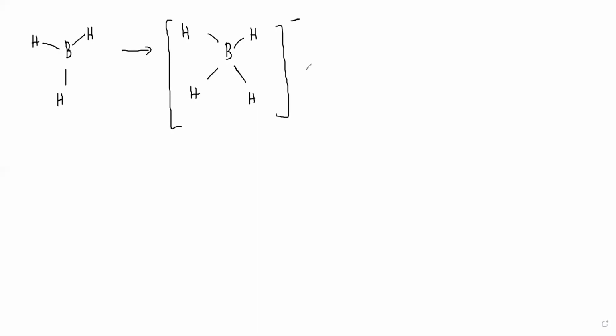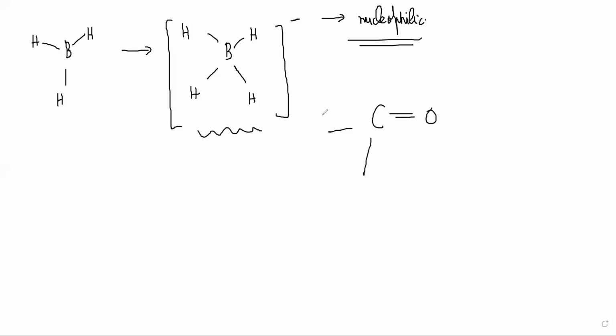Since this BH4 minus is a negatively charged thing, it is obviously going to be nucleophilic. So this BH4 minus is obviously going to be able to attack the ketone or aldehyde.